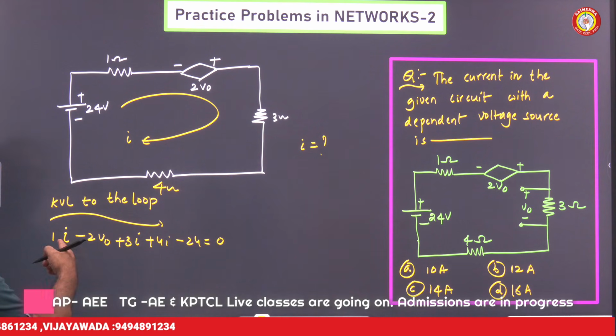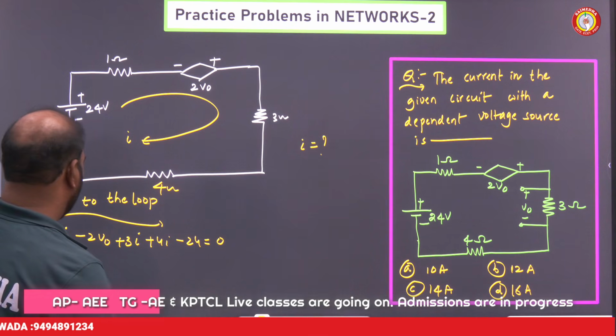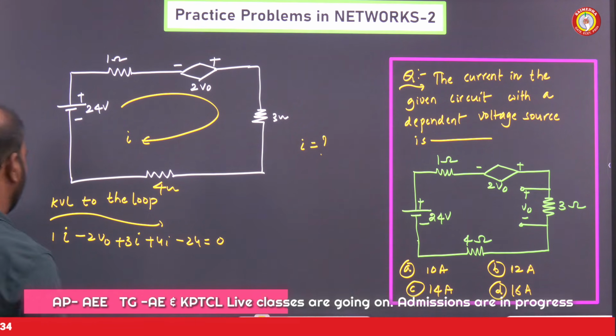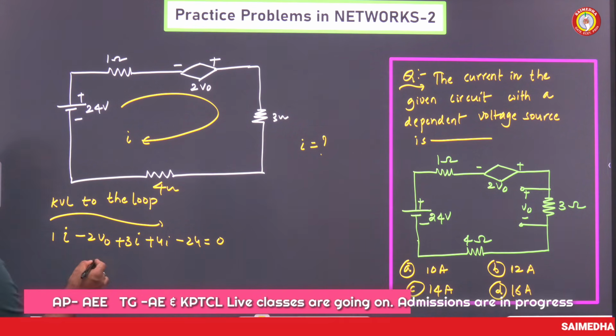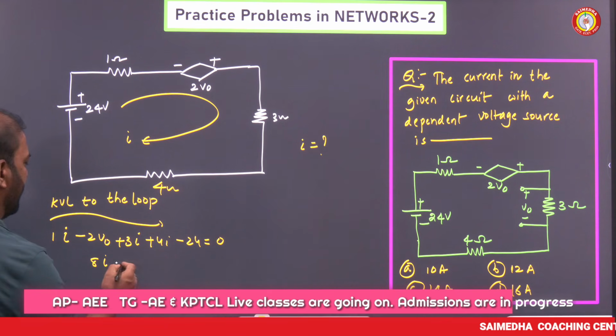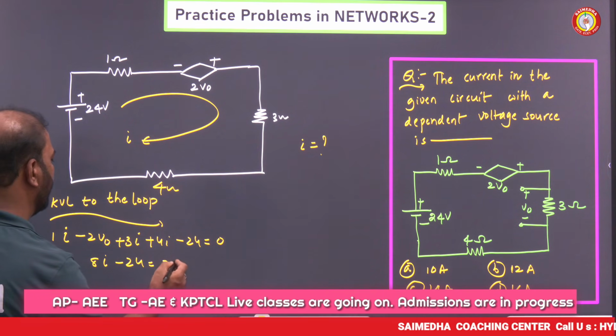Here 3I plus 4I is 7I, plus 1I is 8I, so 8I minus 24 is equal to 2V0.